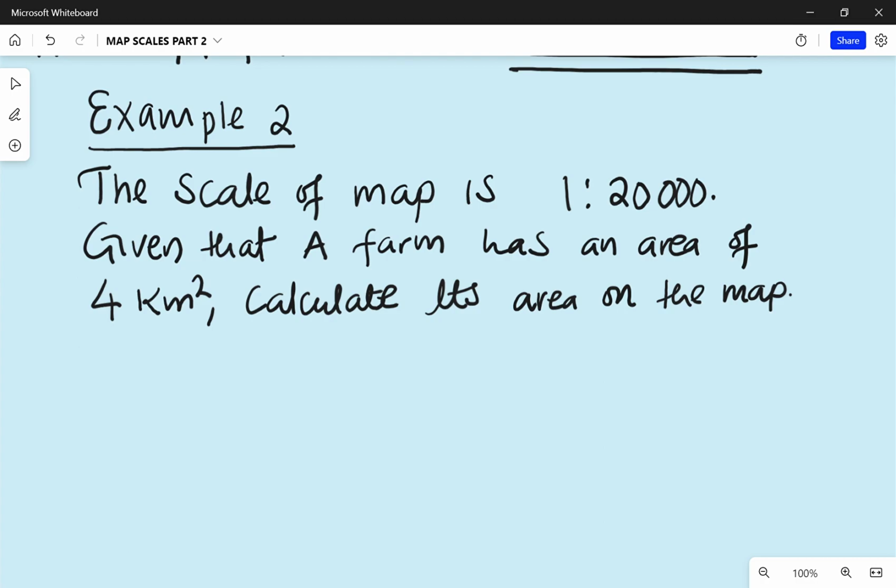Great. So the scale of a map is 1 to 20,000. Given that a farm has an area of 4 kilometers squared, calculate its area on map.